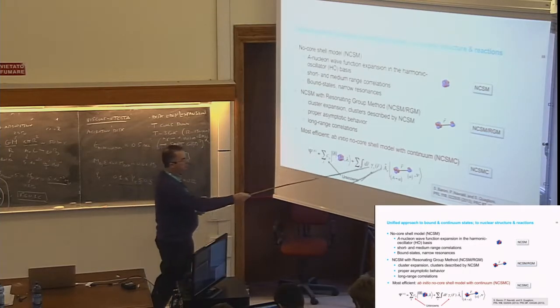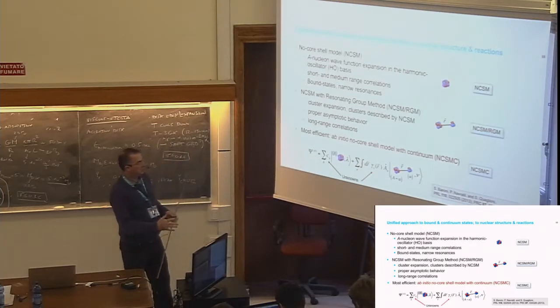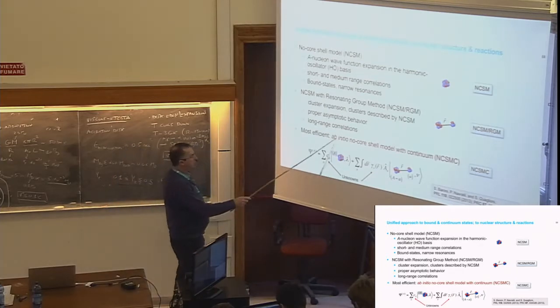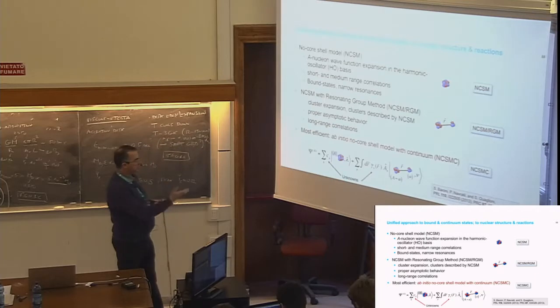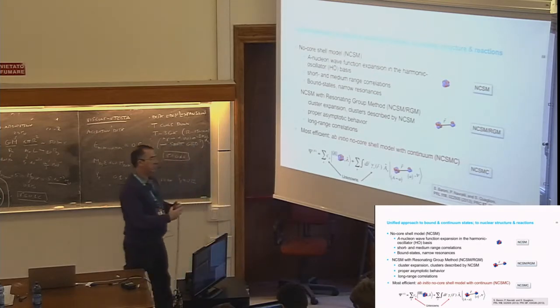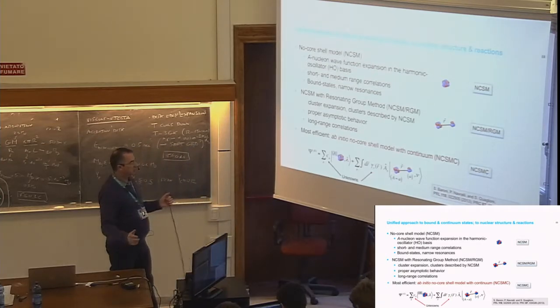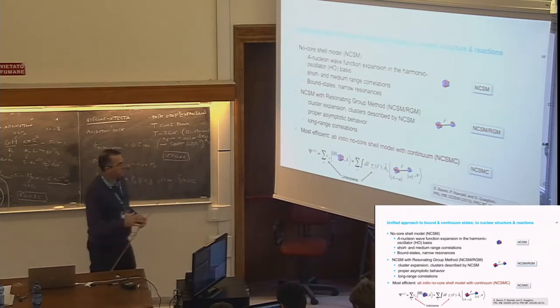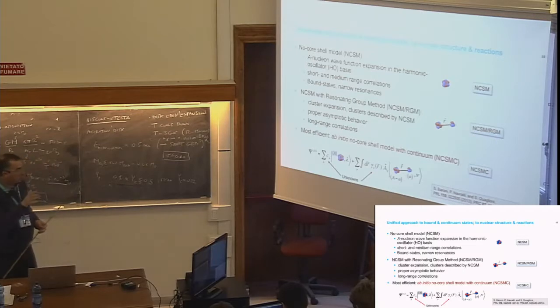Having those 2 components allows us to describe efficiently the whole system. This component is efficient when all the nucleons are close together, while this component is efficient when the clusters are separated. It's clearly an overcomplete basis, but we can deal with it quite well.